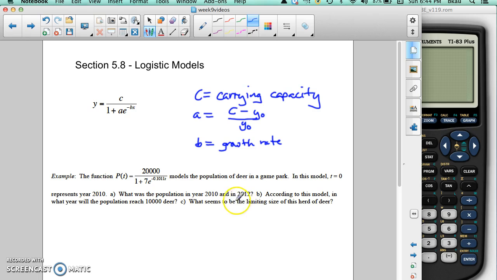So I've already told you the limiting size, so we can answer part C right away, because the limiting factor is this value right here. So the limiting size is going to be 20,000 deer.